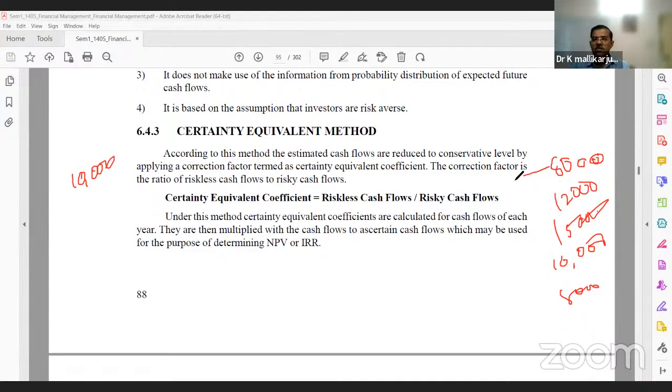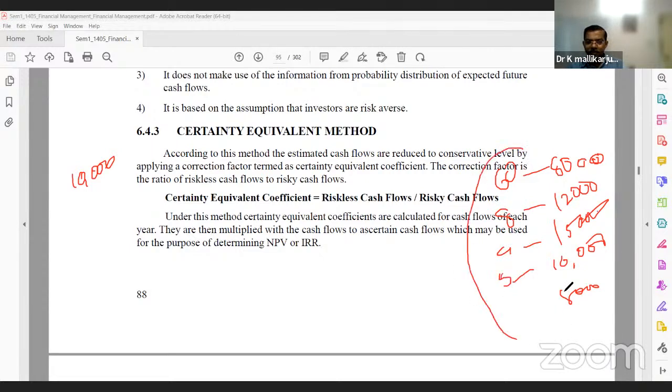Either we are certain of getting 60% of the amount, or at least 80%, or at least 90%, or at least 50% of the amount.